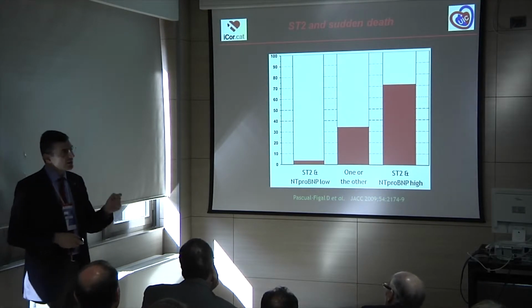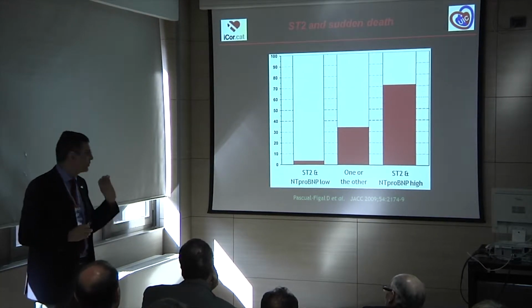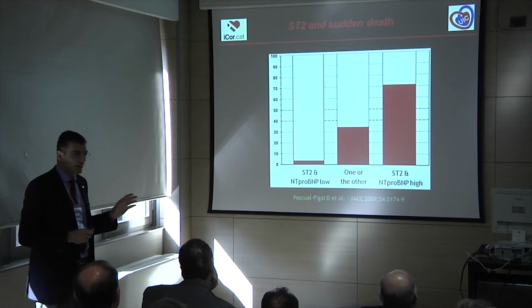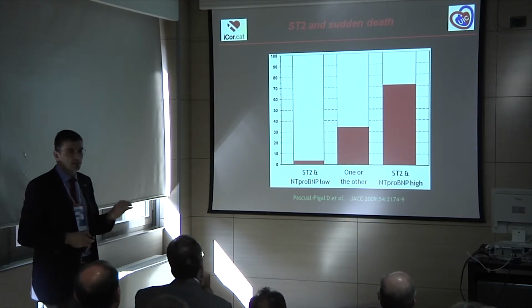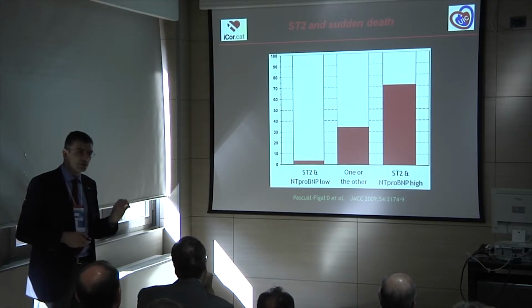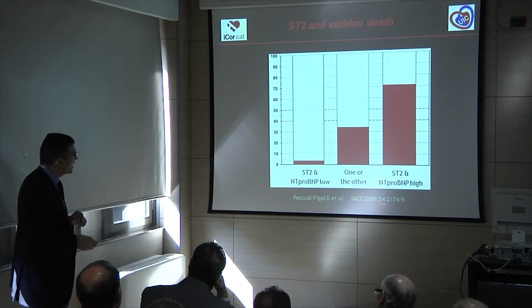The MADIT criteria would say, after myocardial infarction with low ejection fraction, you put a defibrillator, which protects the sickest patients, but at the same time, we are putting in a number of defibrillators that are never going to fire. So we need to identify the high-risk patients.